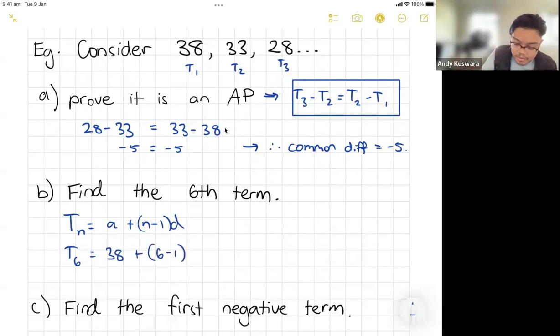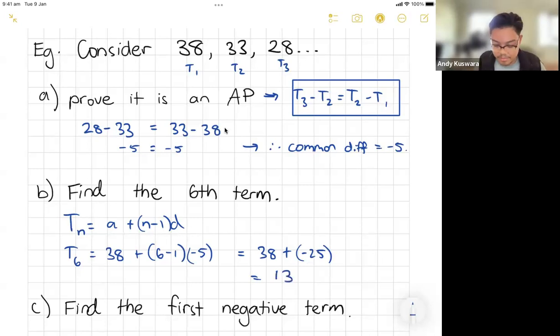And my common difference, we found, was -5. So you just calculate that. It becomes 38 plus 5 times -5, so that's -25. That should end up being 13. Is that 13 or 23? 13. That should be your sixth term.